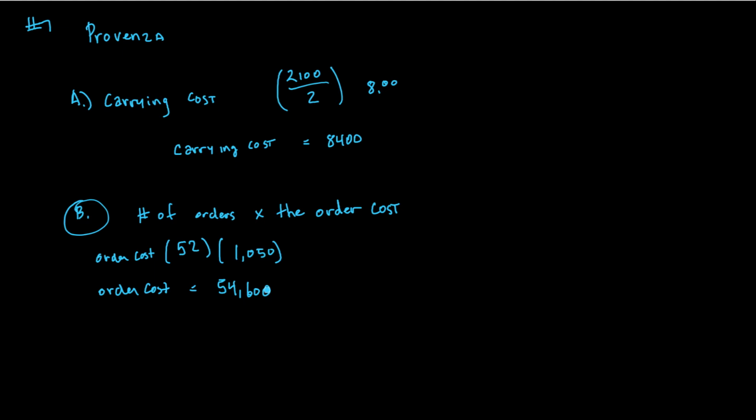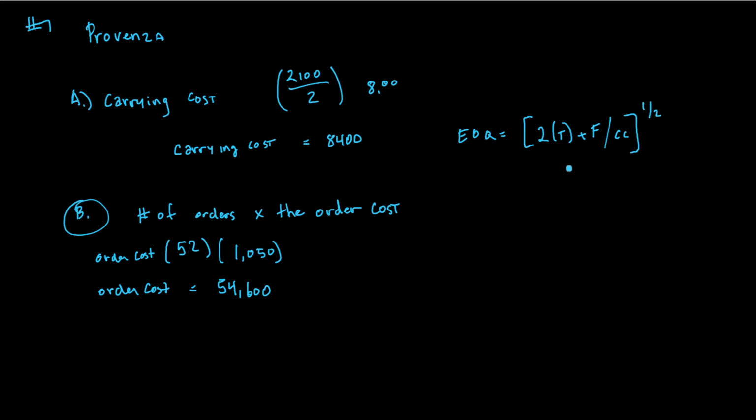So then we have the economic order quantity, or the EOQ, and just running with the formula that was in the book, we're going to take 2 times T times F divided by CC, raised to the 1/2 power.